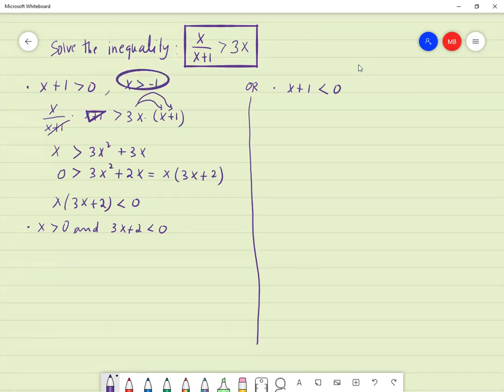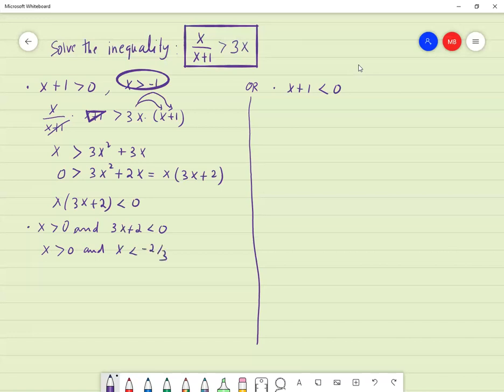Let's solve this one. We have x is positive, and 3x plus 2 is negative. If we subtract 2 and divide by 3, you get x is less than negative 2/3.